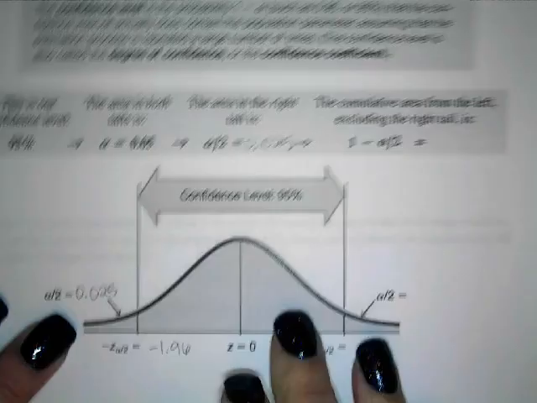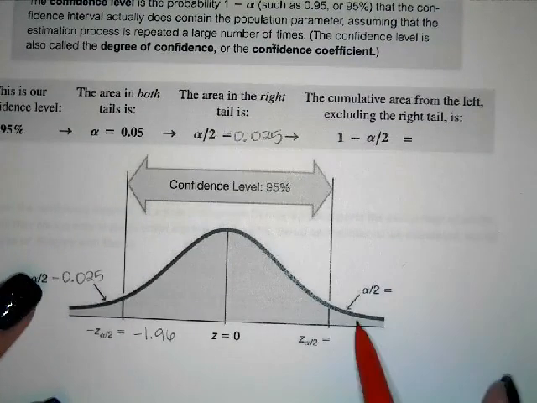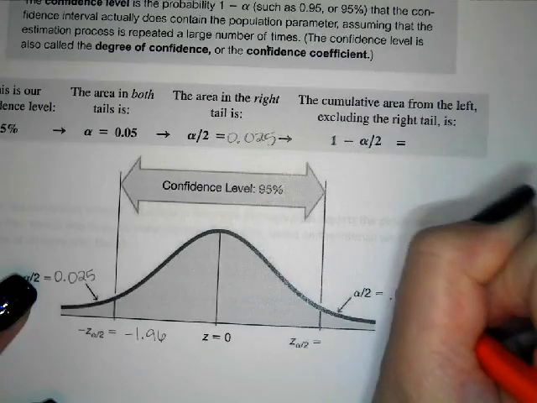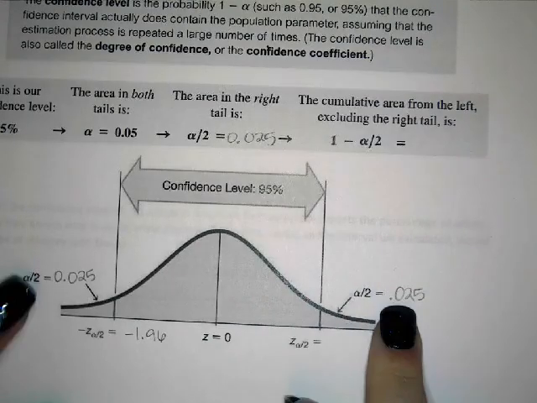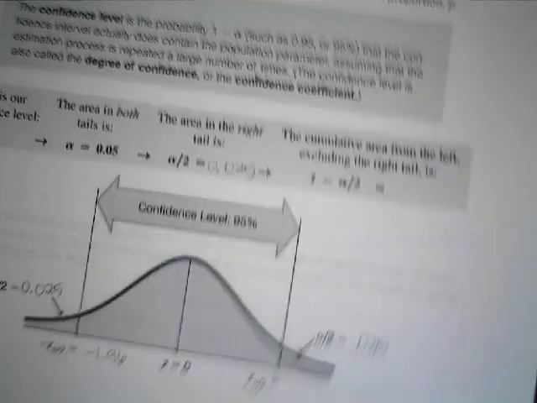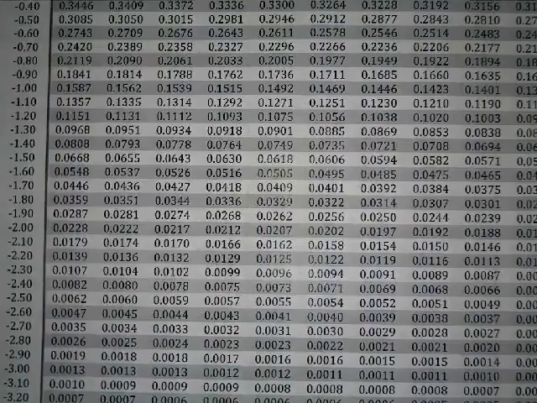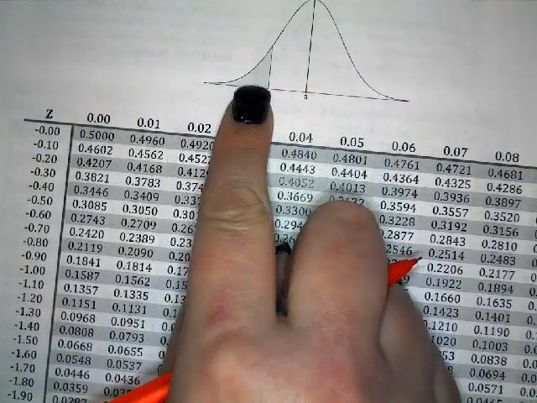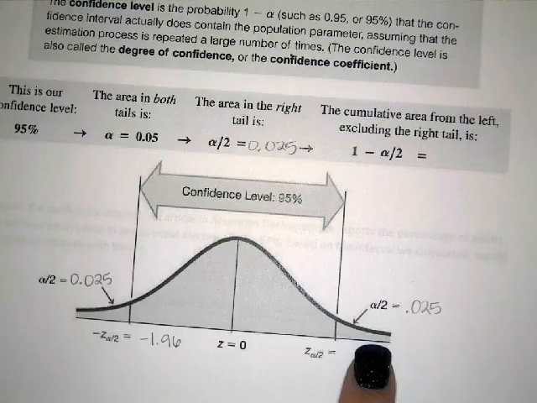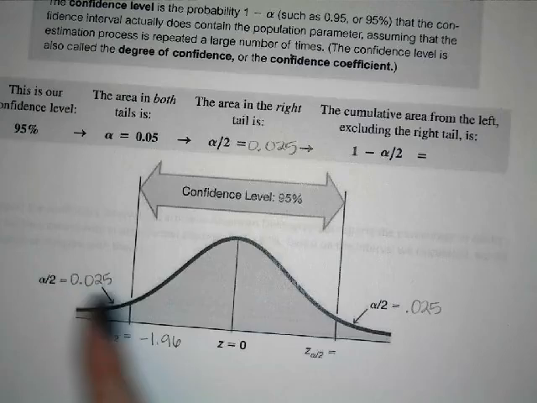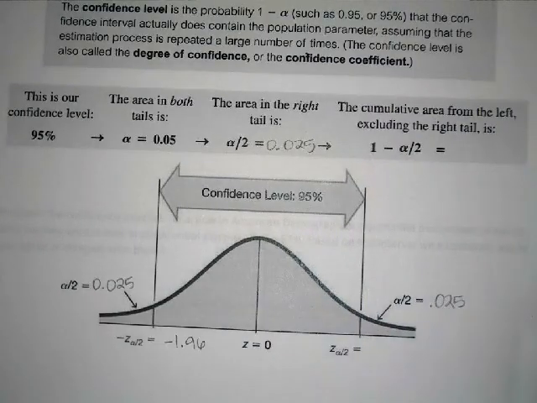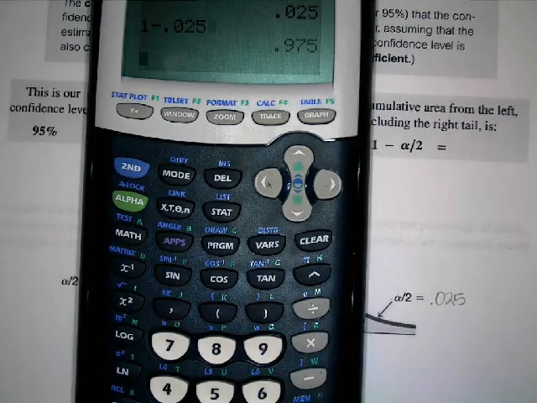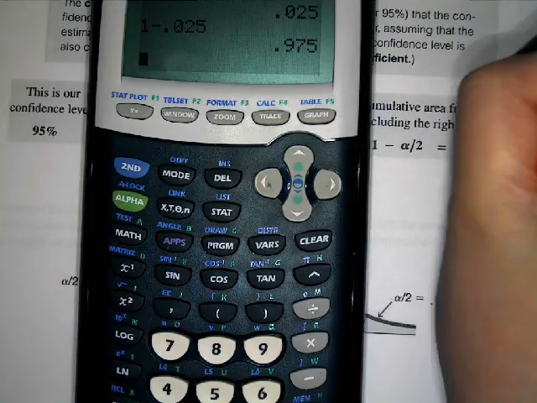Okay, and then the area over here is also going to be 0.025, but whenever we measure it using the standard normal distribution table, remember the areas are always measured from the left. So I can't measure this area of 0.025, I have to measure this complementary area. And the complementary area is 1 minus 0.025, which is 0.975.